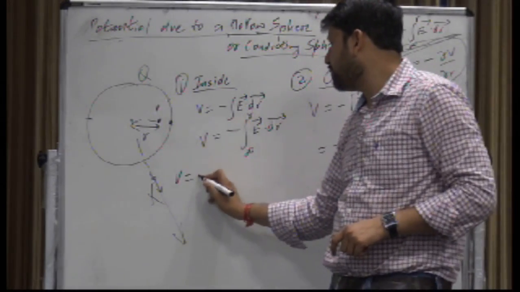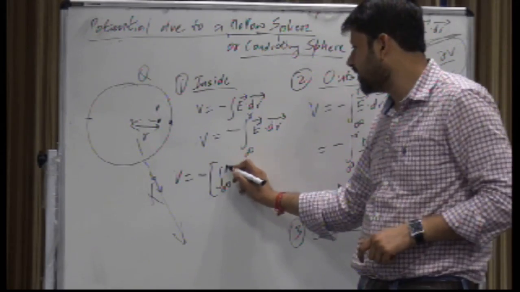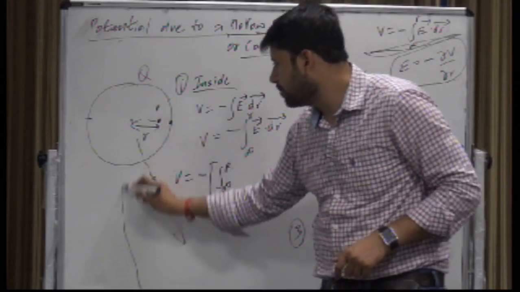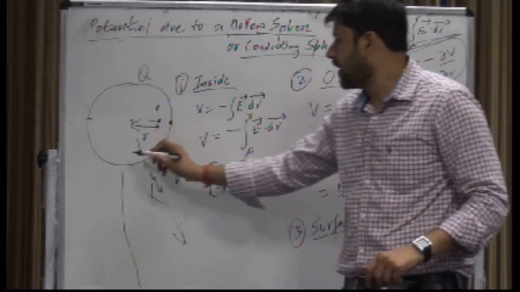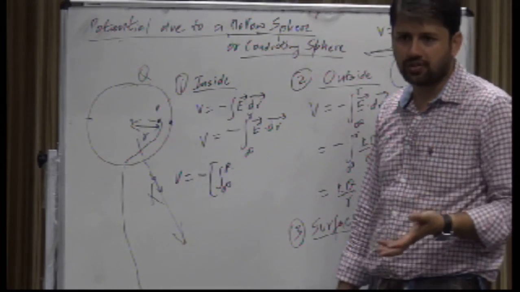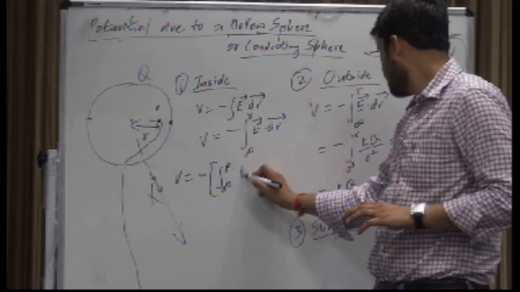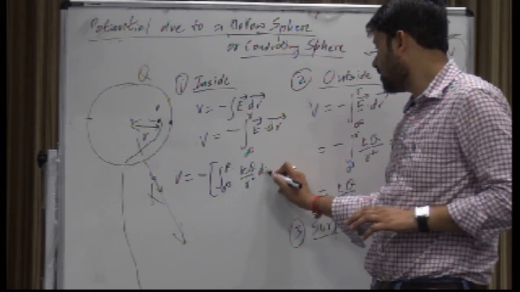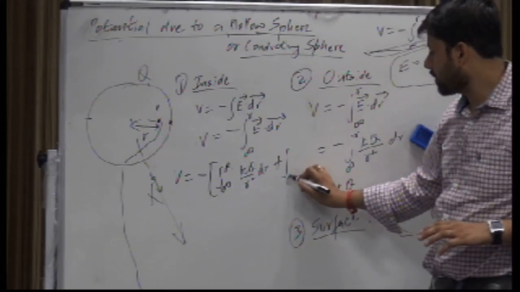So we would be splitting the integral into two portions. You brought the point charge from infinity to surface, that was part 1 of your work done, and you brought it from here to point R, that was part 2 of your work done. Is it okay? So for part 1, the formula of electric field would be kq by r square dr. For part 2, the formula from capital R to small r.